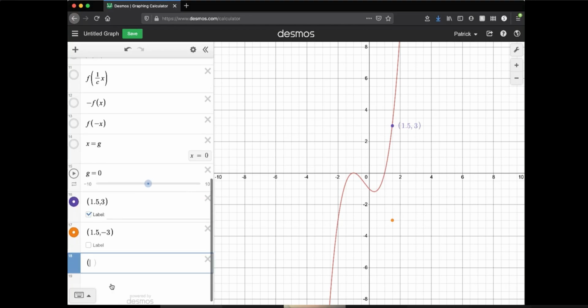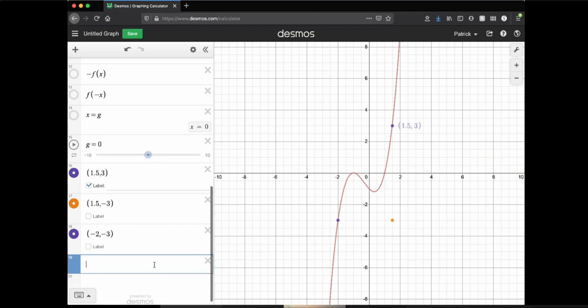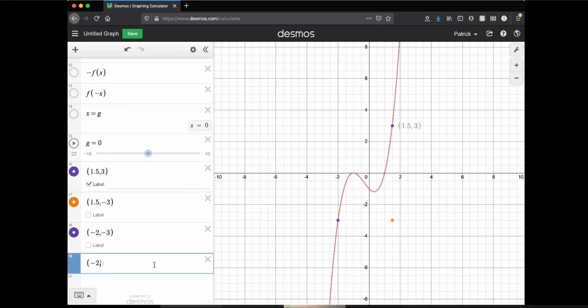I can plot another point too. So we have -2. It reflected on the x-axis. Very good. Excellent. So the two purple points are the ones that we started with on our graph. And then the orange ones are what happens after we negate the y value.